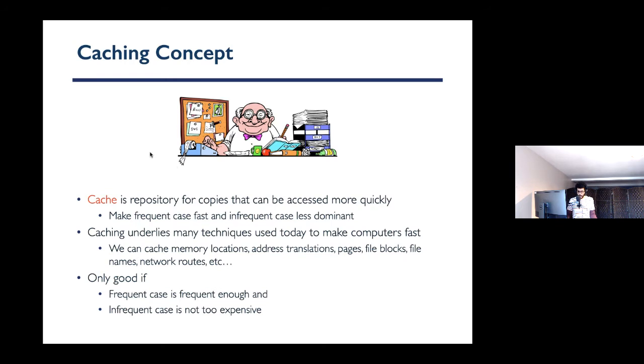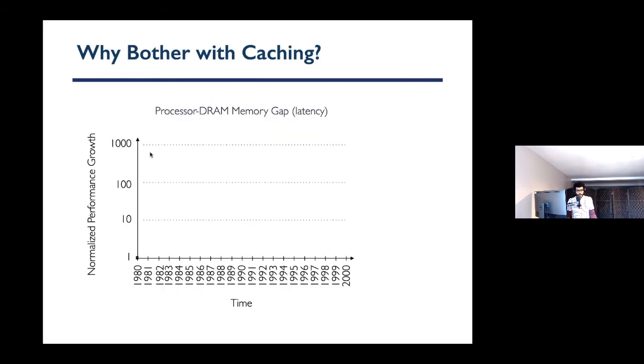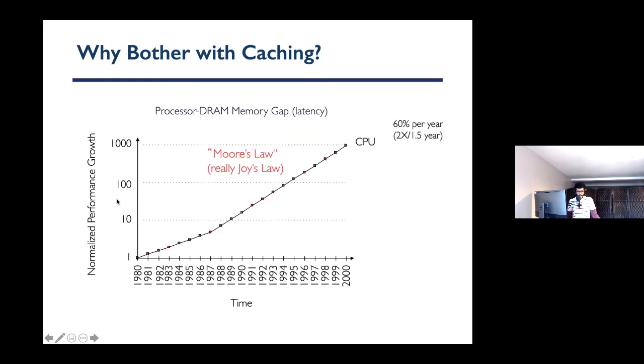Now, why do we bother introducing memory caches in our systems? Now let's focus on memory cache. In this graph, on the x-axis I have time from 1980 to 2000, and on the y-axis I have the normalized performance growth. This is basically the performance growth of a CPU.